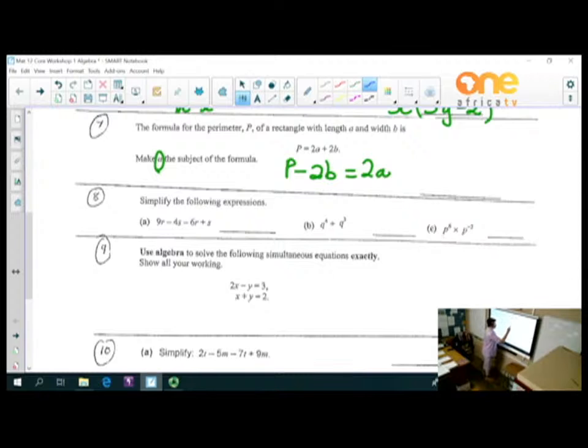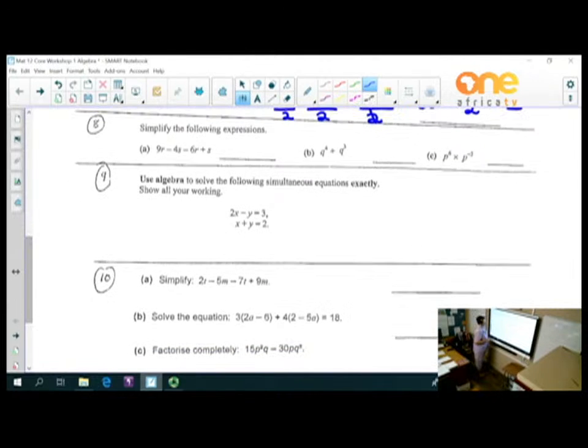And now I'm going to divide with a coefficient, so I'm dividing by 2. It will cancel out here, and here you will divide by 2. So the answer is then A is equal to P over 2 minus B. There's your changing of the formula. Question 8.